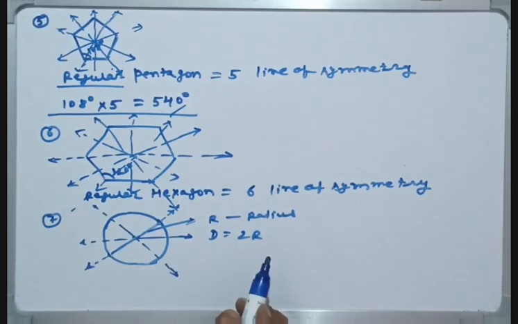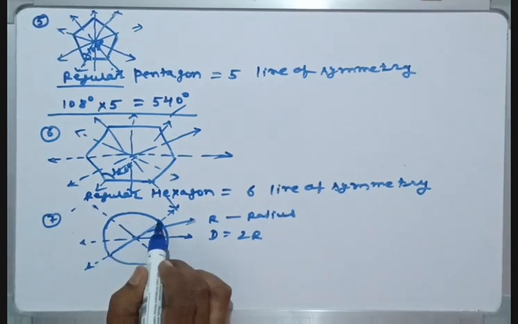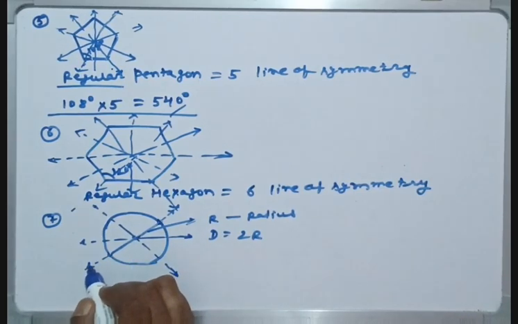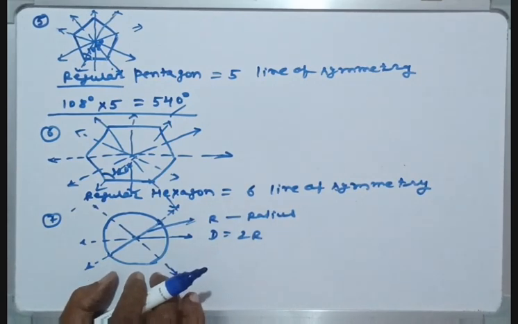Okay guys, so what we conclude, there are an infinite number of diameters in a circle, or you can say an infinite number of imaginary lines also, along which this circle is symmetrical.